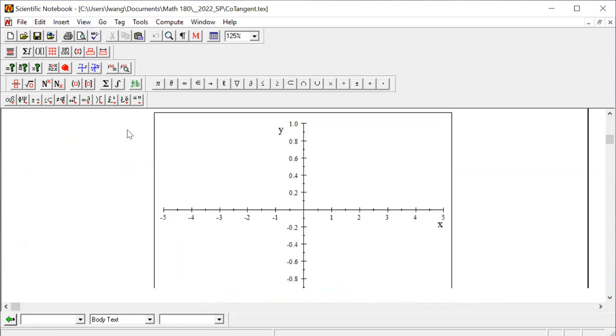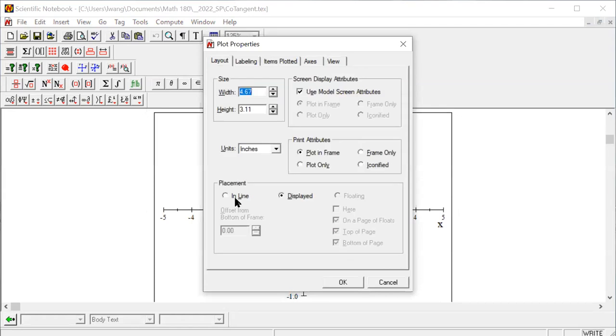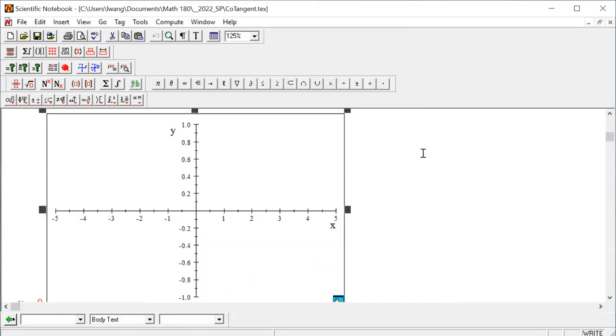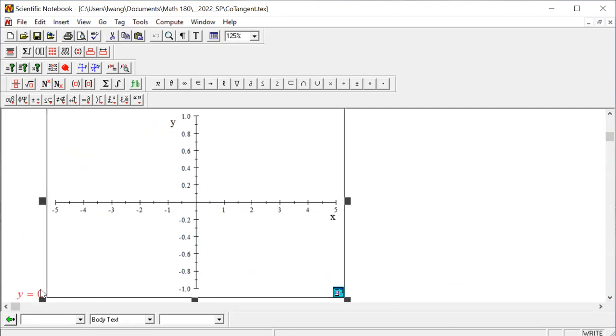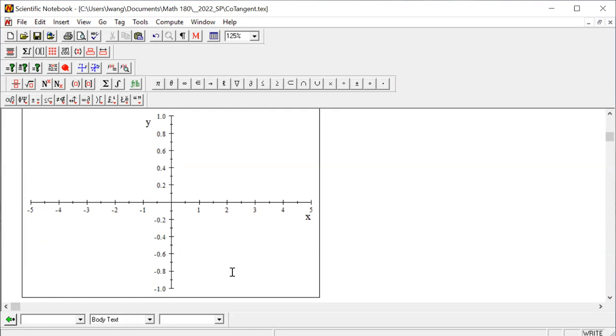I'm going to get the rectangular system started. We don't need that anymore.